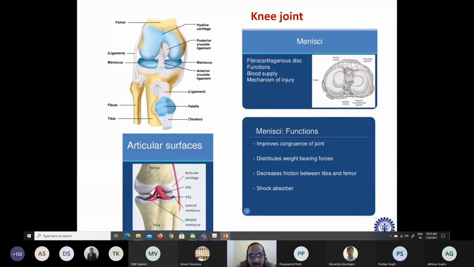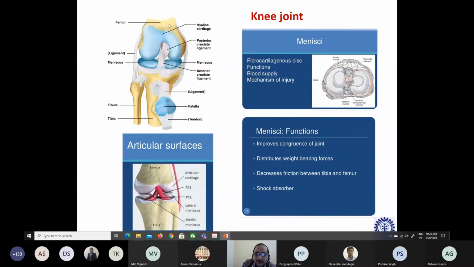The primary joint, as we all know, what we call the knee joint, is the tibiofemoral joint. But there is also the patellofemoral joint, which contributes to the movement of this joint.